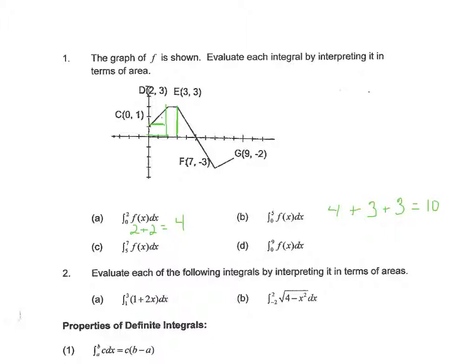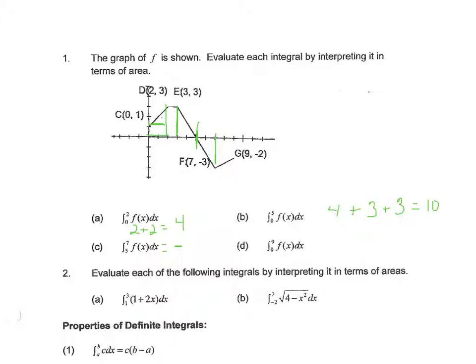Okay, now we want to go from 5 to 7. All right, so we're going to start right here and go to here. Because it's under the x-axis, it's going to be negative. So from 5 to 7, we know it's going to be negative because it's under the x-axis.